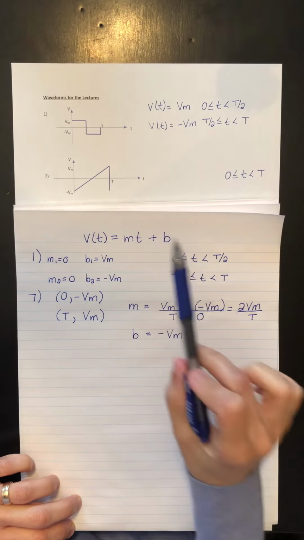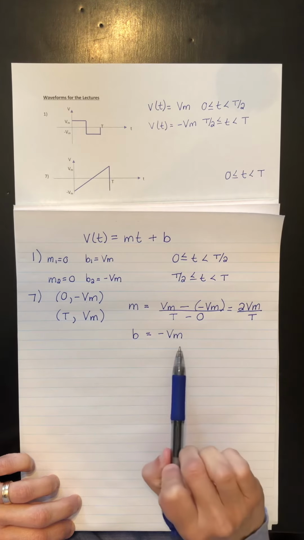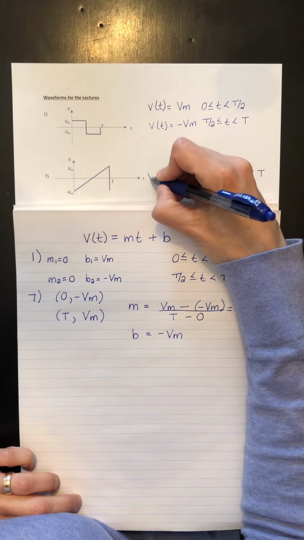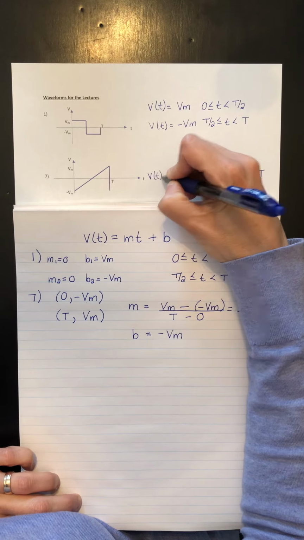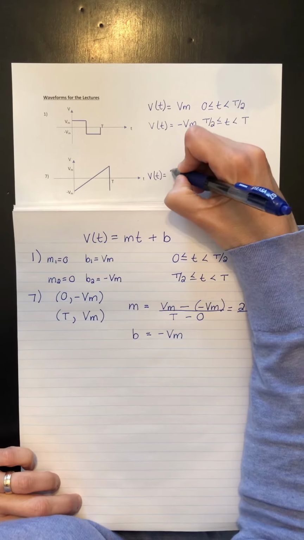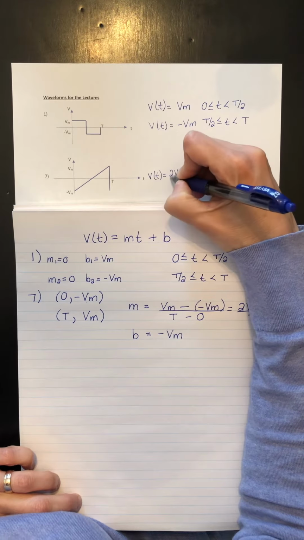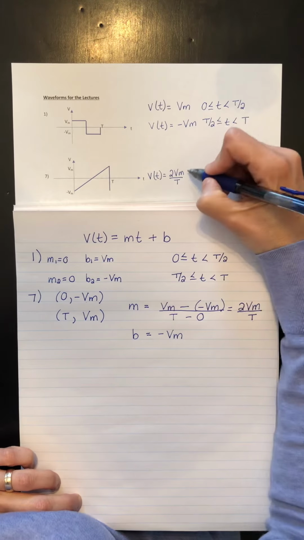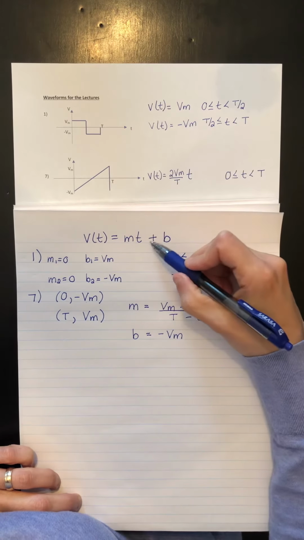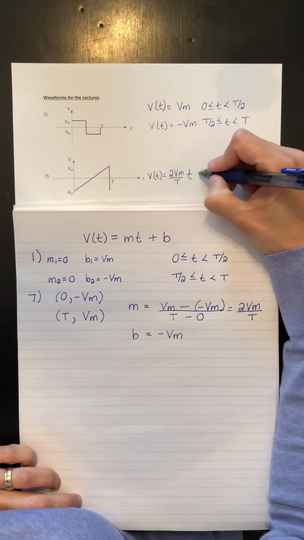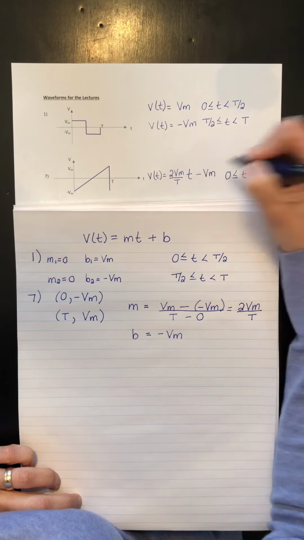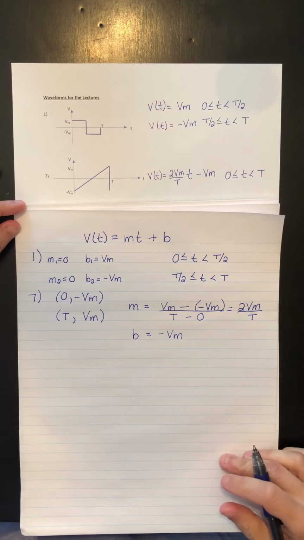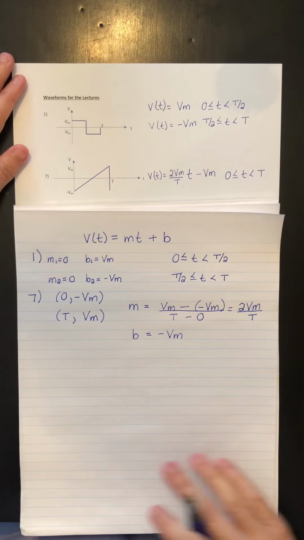So we simply substitute this M and this B into this equation, and we get the following. 2 V max over capital T multiplied by little t, and plus B becomes minus V max. Okay, great. So we're going to go on to the next one.